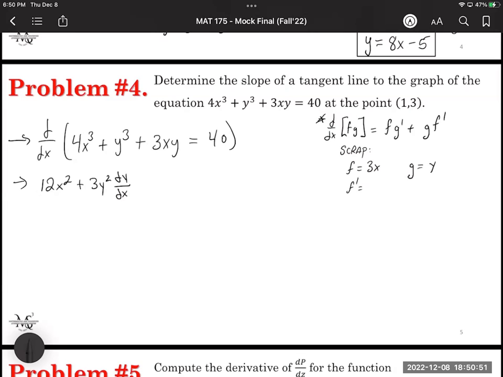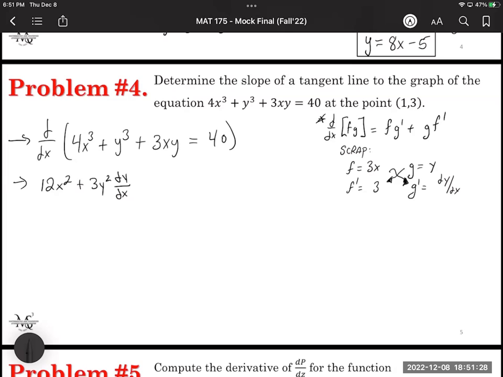What is the derivative of 3x? 3. And the derivative of g, if g is equal to y, then g prime should be? dy/dx. Very good. So when you put this together, you take 3x times dy/dx, and then you take y times 3, or 3 times y. When your scrap work is set up appropriately, it looks like a cross multiplication.